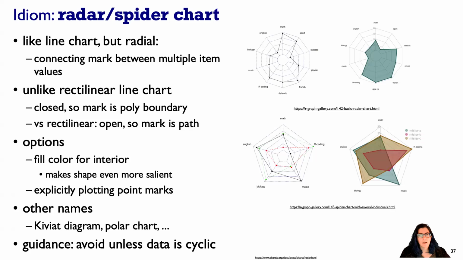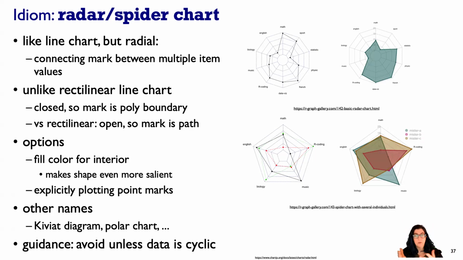Here's another one, sometimes called radar charts or spider charts. They're a lot like line charts, but they're radial in the sense that you've got all these item values and you're connecting them up with a mark, so a path. But there's a really important difference. Unlike a rectilinear line chart, that path is closed. So suddenly it's a polygon.